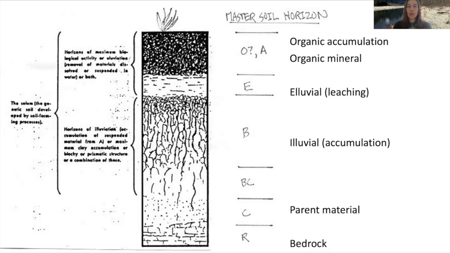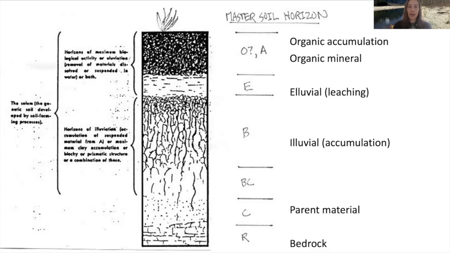And that organic accumulation occurs from the buildup of dead plant matter and the bioturbation by worms and bugs and other organisms. Below that is an organic mineral layer, layer A. And that organic mineral layer is a mixing of the organic matter that's accumulated at the very top with mineral matter that's built up from the rock below.